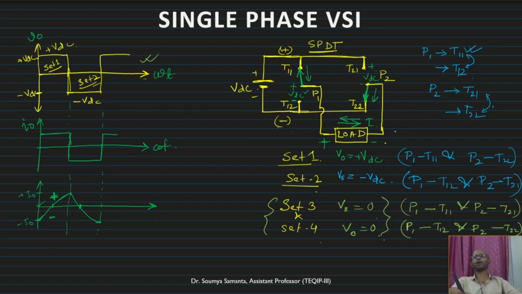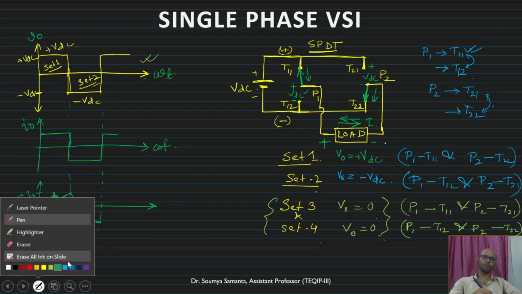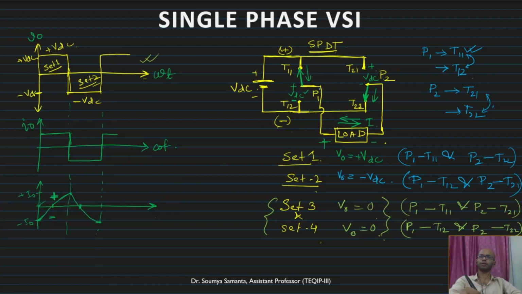Now most of our loads are RL type, so basically we will get bidirectional current. So the current through the switch will also be bidirectional in nature. Okay. So bidirectional current conduction and unipolar voltage blocking.